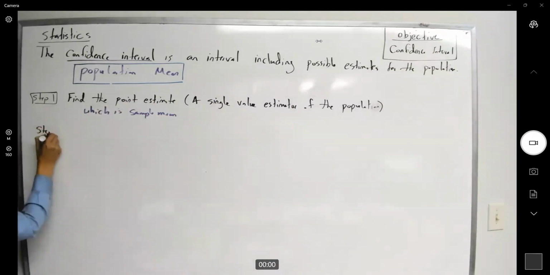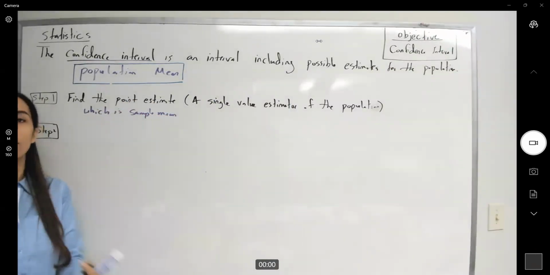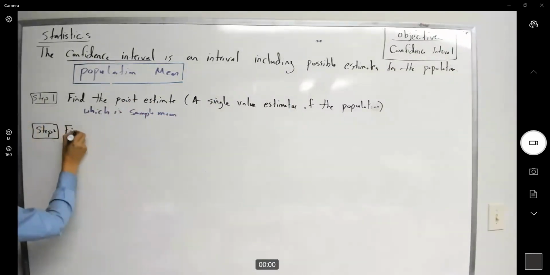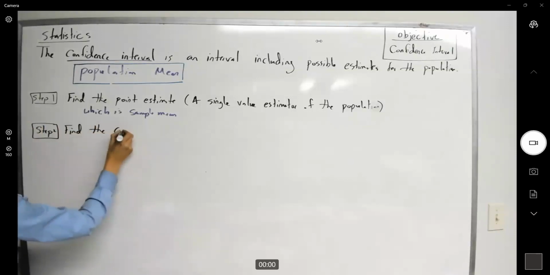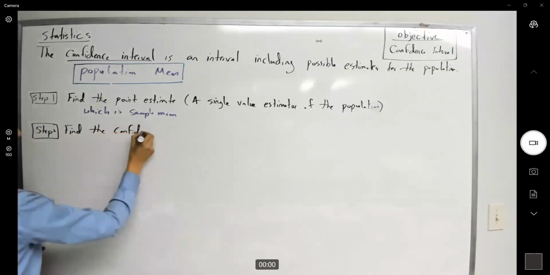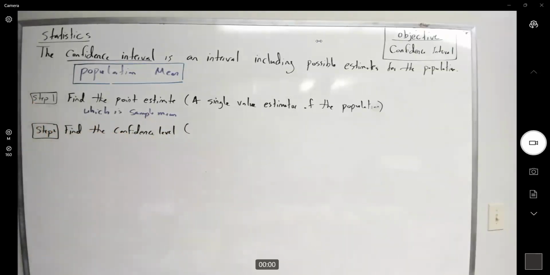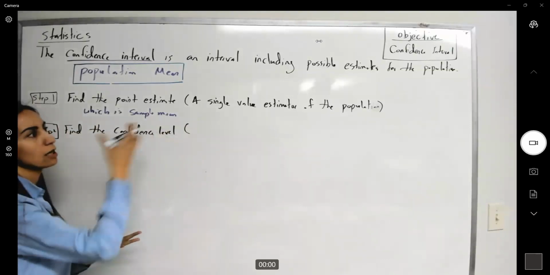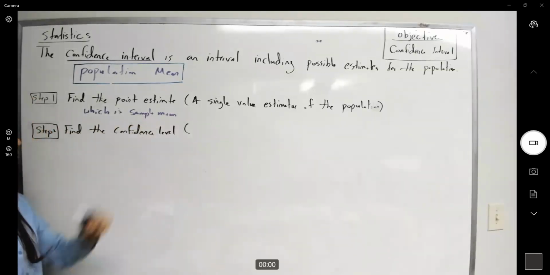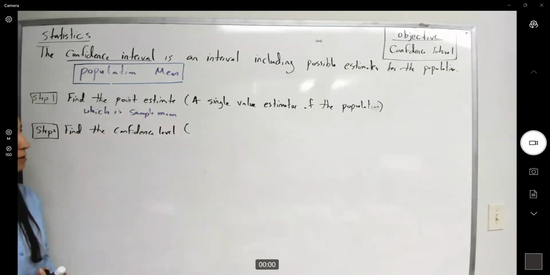Step two is to find the confidence level. So what is a confidence level? The confidence level is the probability that your interval actually contains the population estimate.